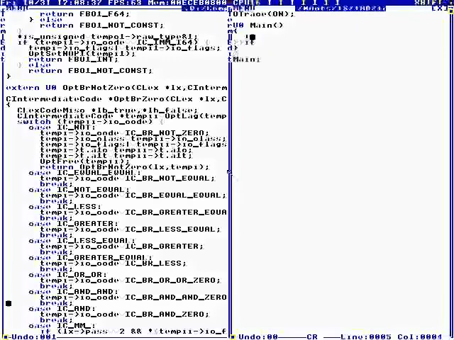Anyway, let's give ourselves if I greater than 0 and j greater than 0, true. I don't have a lot of warnings.